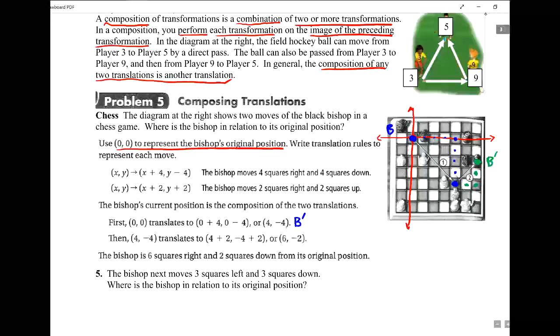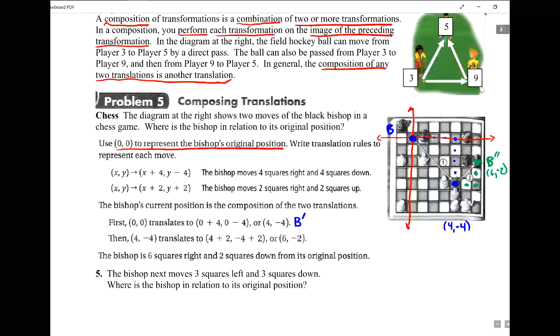This is bishop double prime. And so this is, what, 4, 5, 6. This is 6, negative 2. This one was over 4, down 4. So we saw on our coordinate plane. Well, let's check with our numbers.